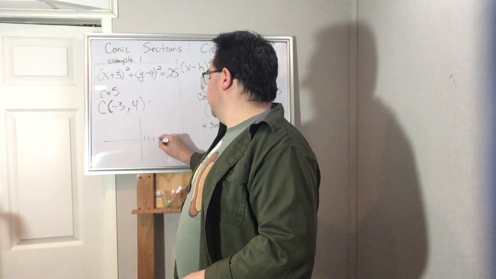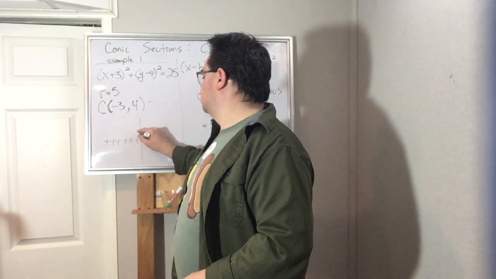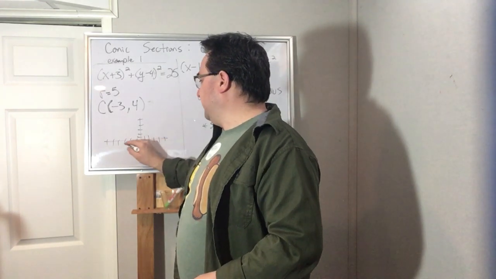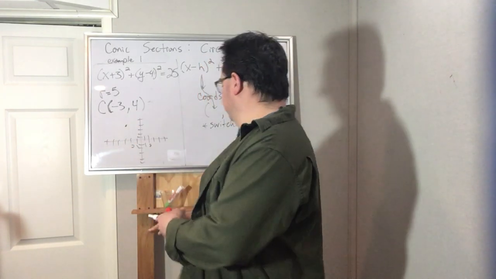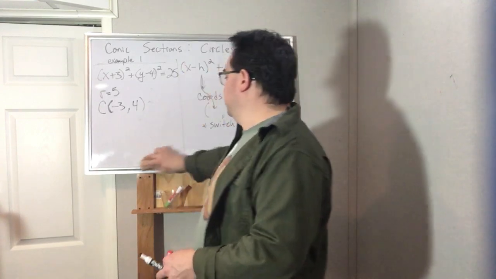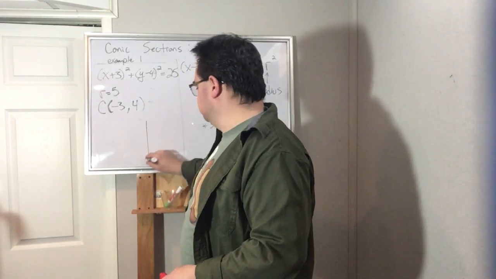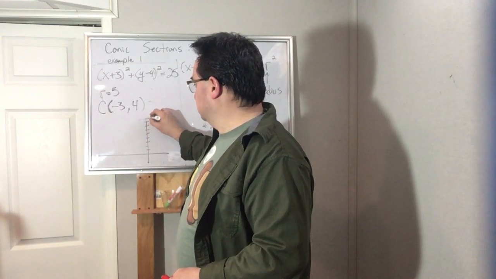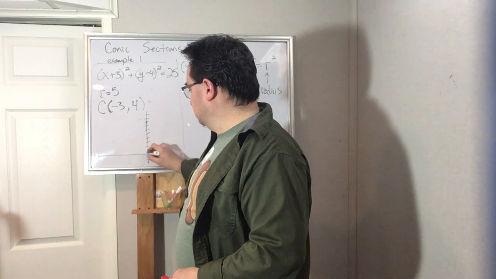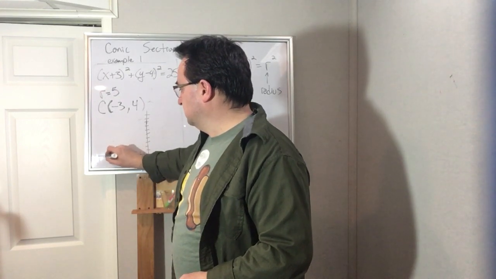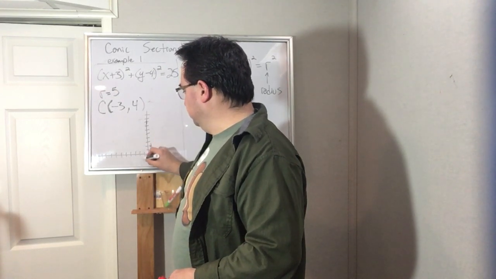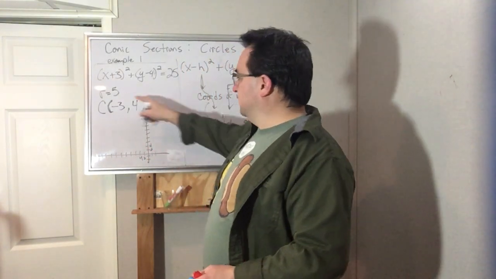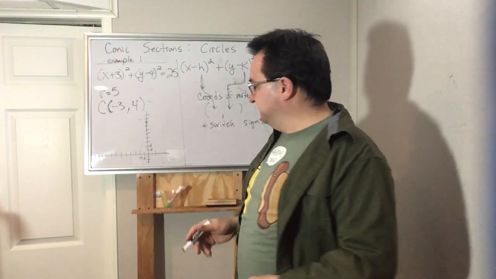So if I put this on a graph, I go back 3 and up 4. Oh, see, I'm going fast, not being careful. I didn't leave myself any room. So I'm going to go by 2s now, because I noticed my radius is 5 units and I got to be able to fit it in there.